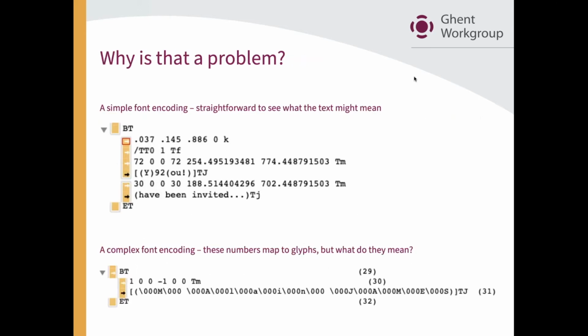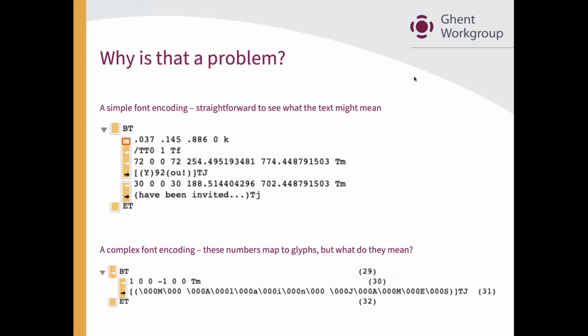So here, let's get back to a little bit of technical again. I take the same thing that David used earlier. You can see on the top how he's encoded the font. You can understand if you read that it's "you have been invited", because you can just say, okay, this is a number for placement, this is an instruction, etc. I can identify the text, so that is quite easy.